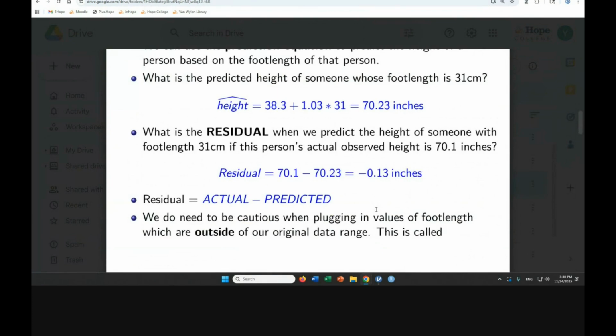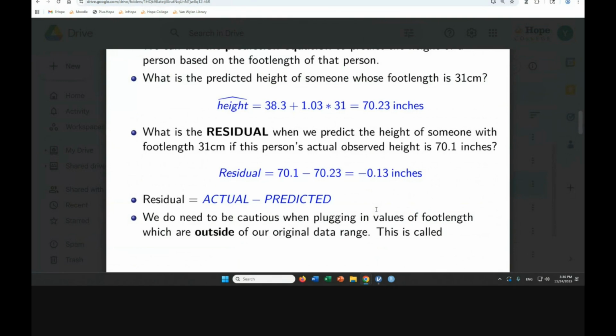Please write that down in huge font size 25, right? Because this is a very important definition, which is all the way, whatever stats class you do, no matter how high level, the definition of a residual is always the same. Actual, real height minus prediction. It's the disparity between what you observe and what you predict. Is this okay? Disparity, difference between the actual thing that you got versus what the model predicts it to be.